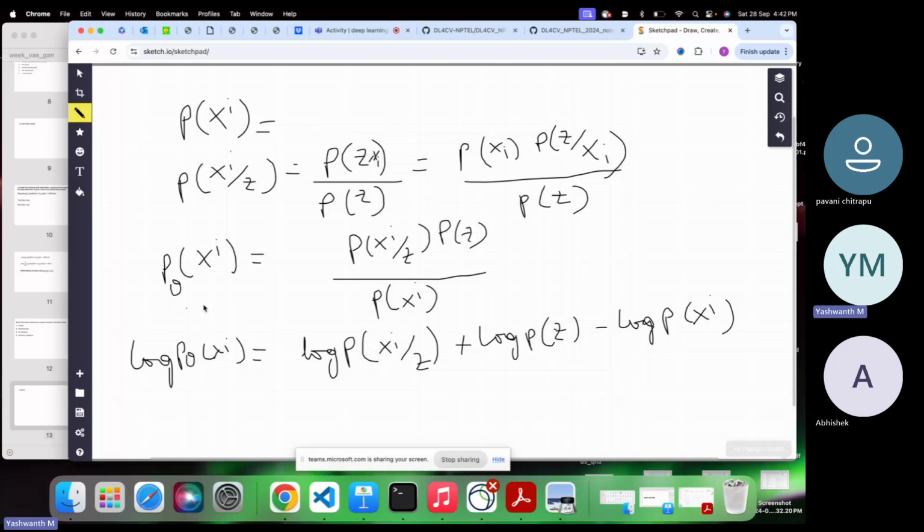And notice that this is true for any z. And we can take the expectation with respect to z, and we assume z is drawn from some other distribution, say q of z given xi, right? We can take that expectation under q of z given xi.